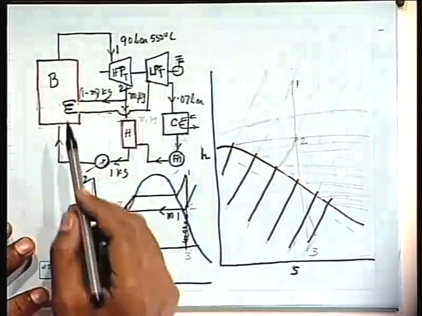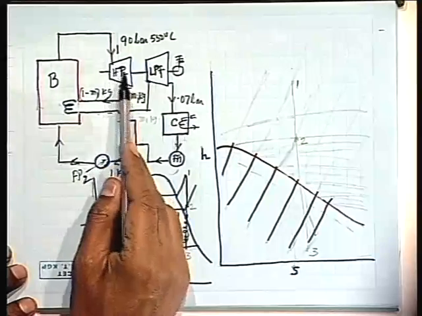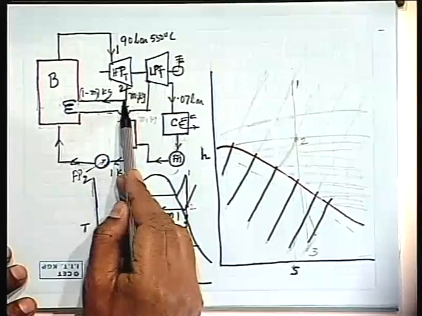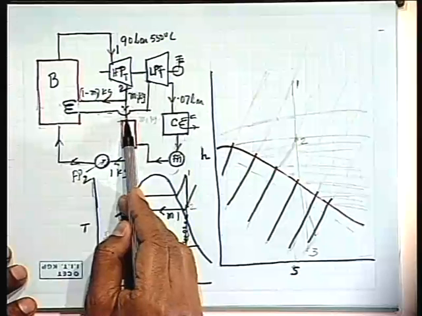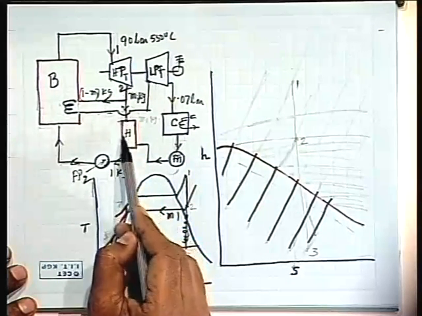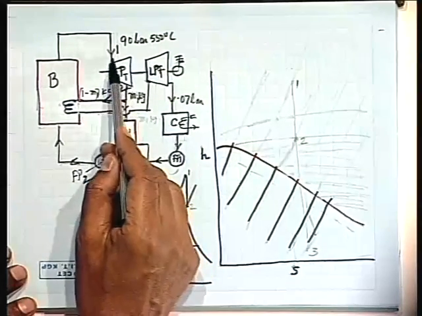This one, yes, very good. So this comes at 1 in the HP turbine. After expanding from 1 to 2, some goes to the reheater and some is bled. That means M1 kg is bled and 1 minus M1 kg goes on, starting with 1 kg.